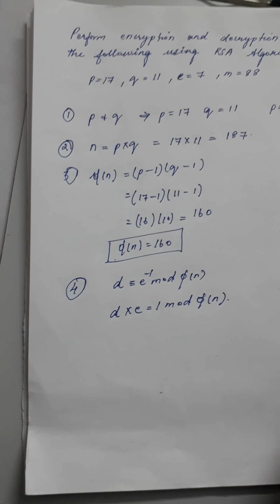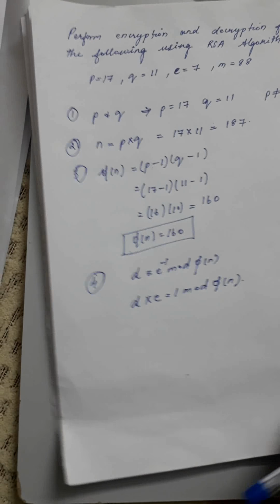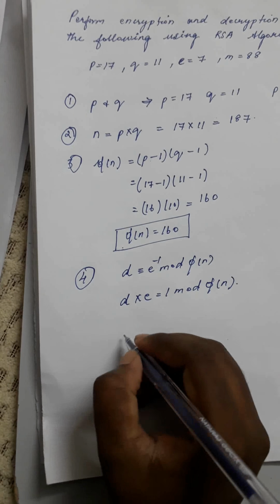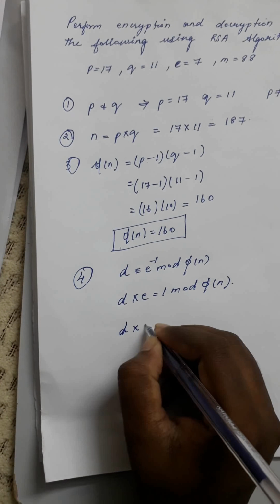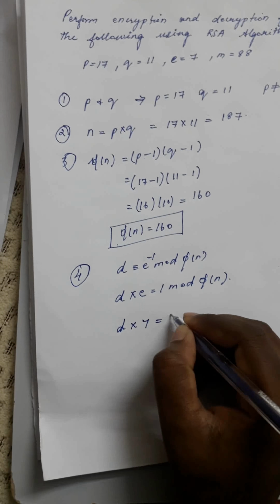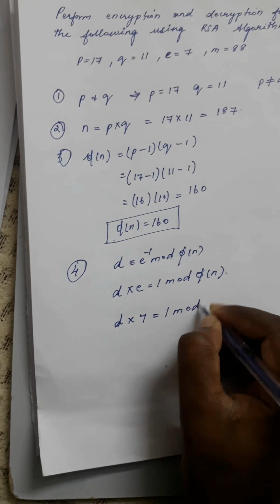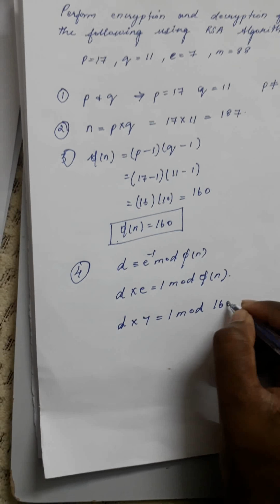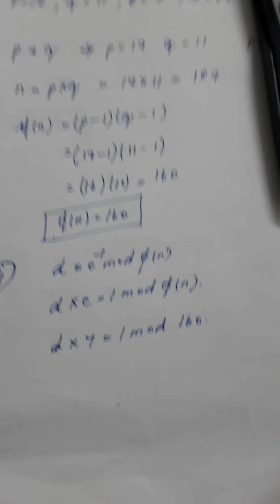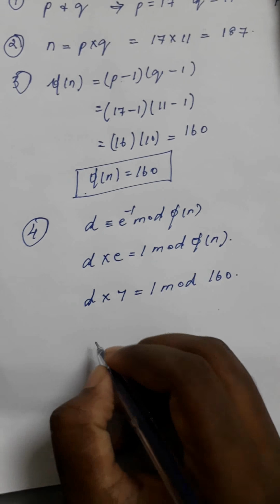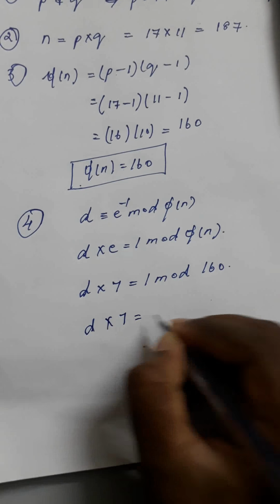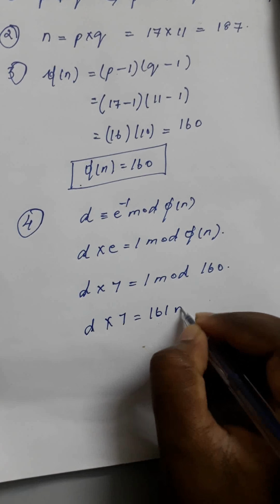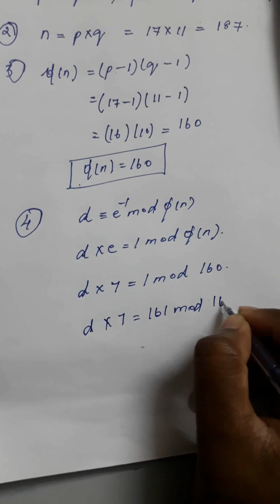Now before proceeding to the calculation of d, let us substitute the values of e and phi of n. d into the value of e, which is 7, is equal to 1 mod the value of phi of n, which is 160. Now for the calculation of d, d into 7 is equal to 161 mod 160.